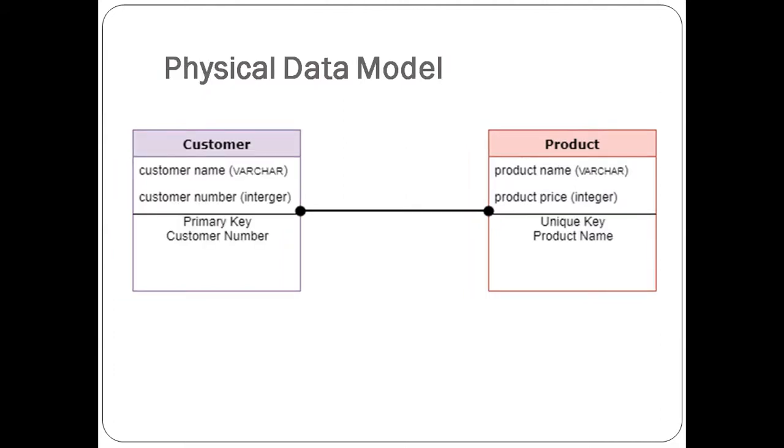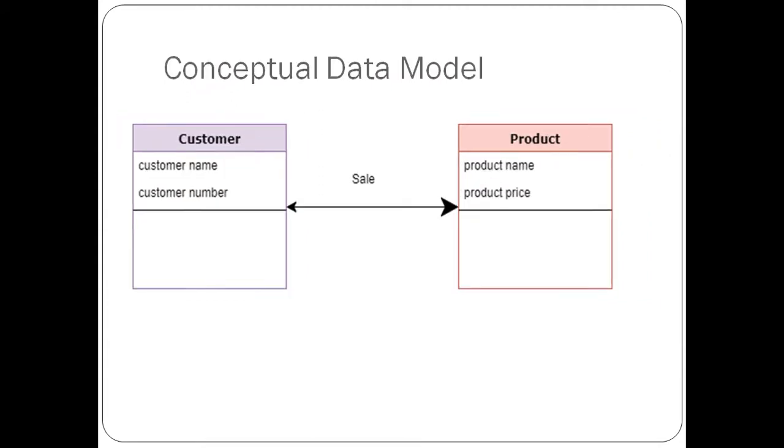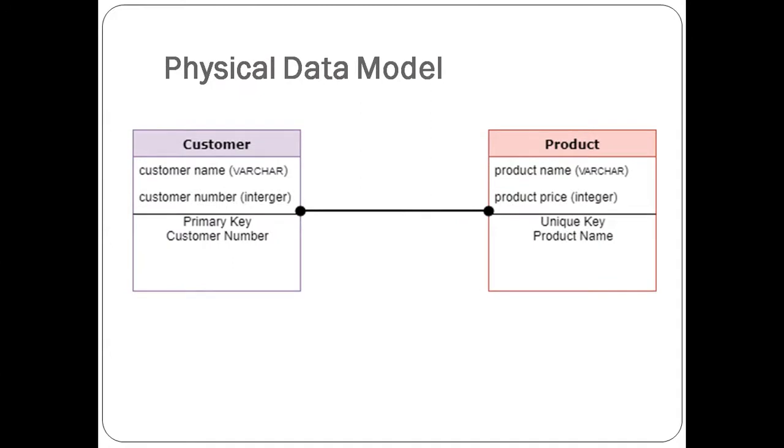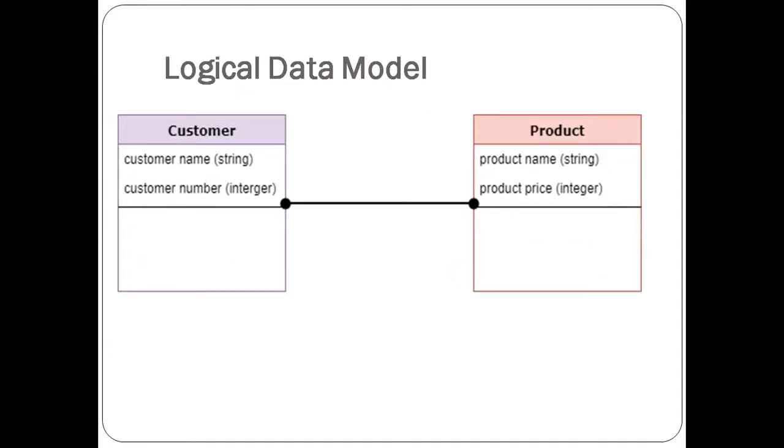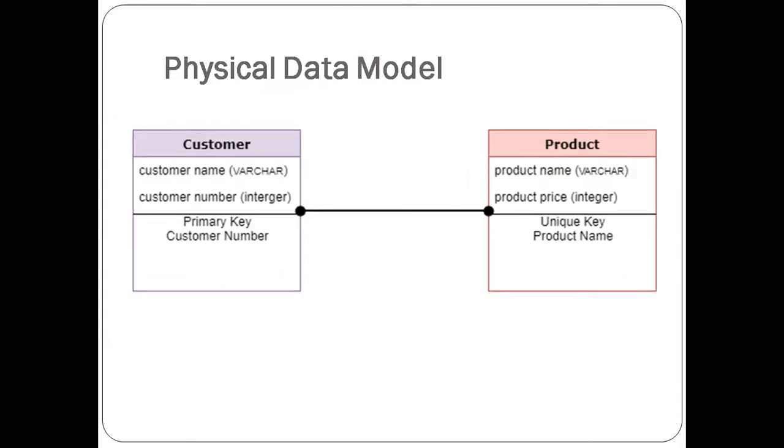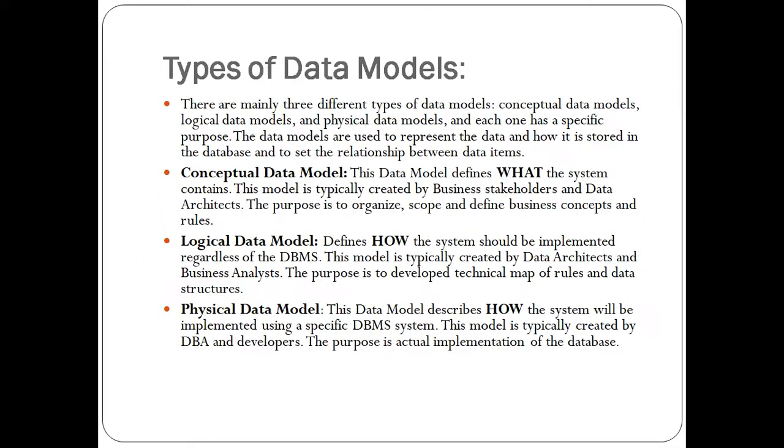But when you declare what type it will be, for example in Oracle, varchar type or integer type, and that it will be a primary key, it will be unique, then it is called the physical data model. So all three capture the data but show different levels of detail. This shows the least detail, this a little more, and this the most detail of the underlying data. So three types of data model are basically used.